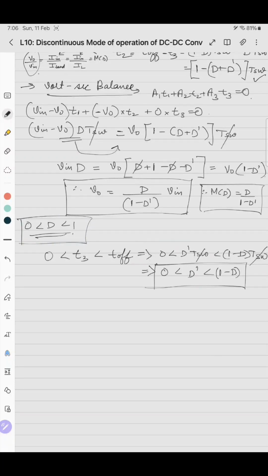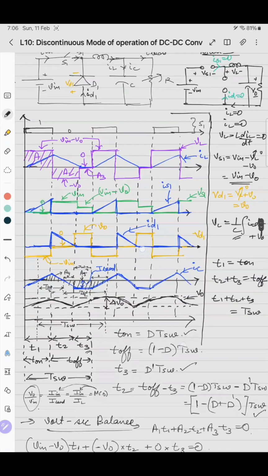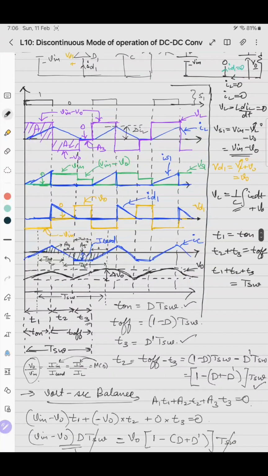This is a DC transfer function. Also, in this case, this value is delta IL, peak to peak ripple, and this is delta V naught.